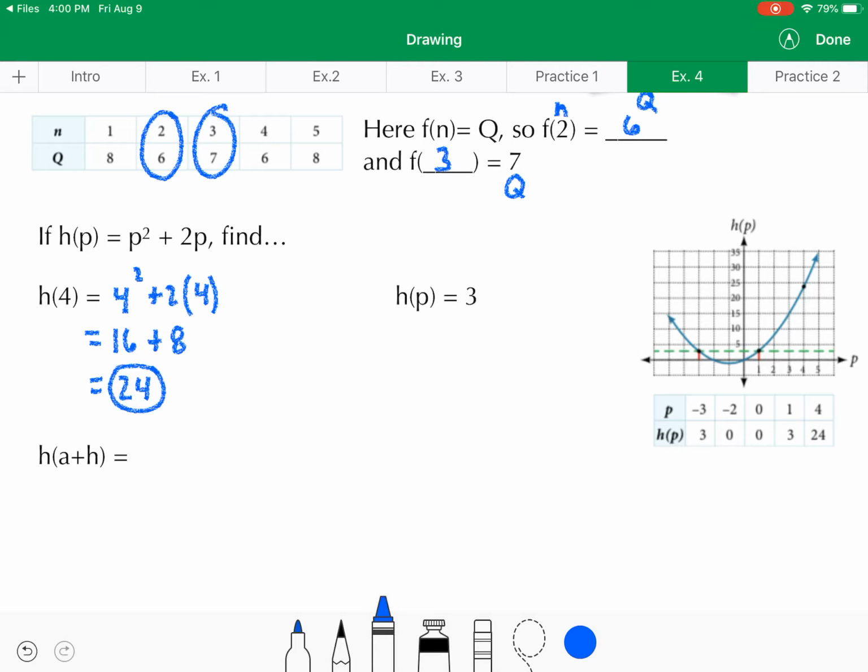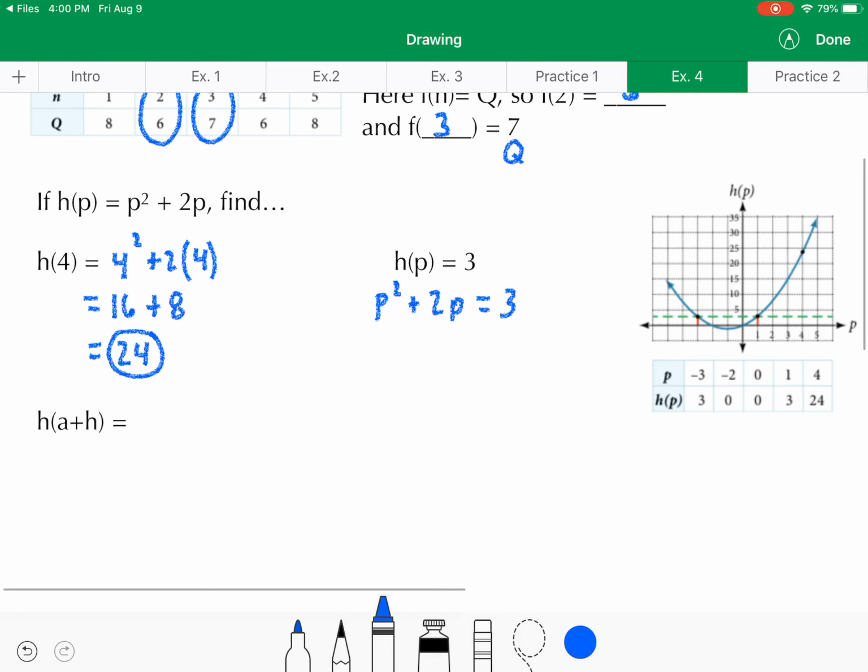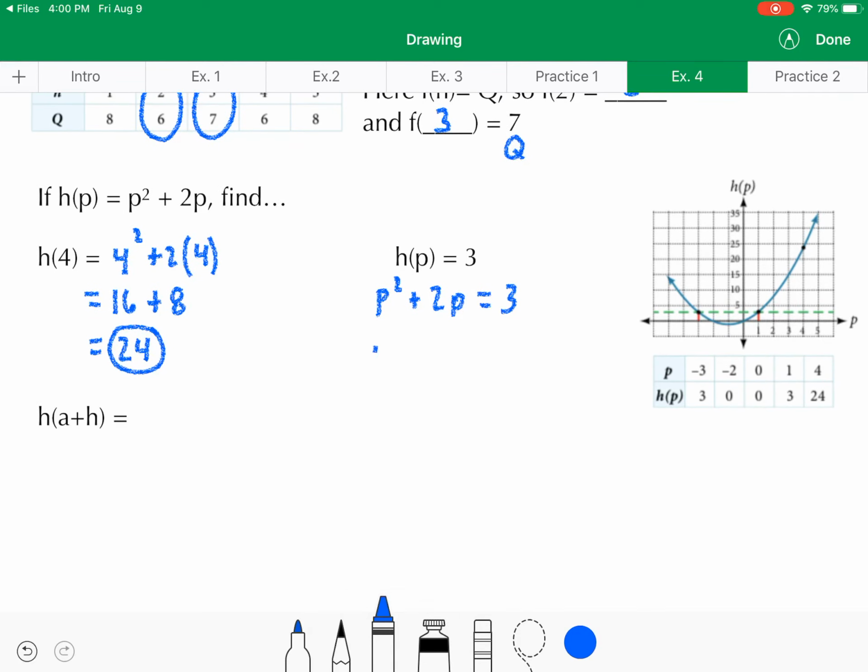All right, h of p equals 3. So what p value will result in an output of 3? Well, h of p we know is equivalent in general to p squared plus 2p. So substitute that in, set it equal to 3, and what you have now is a quadratic equation. How do we solve that?